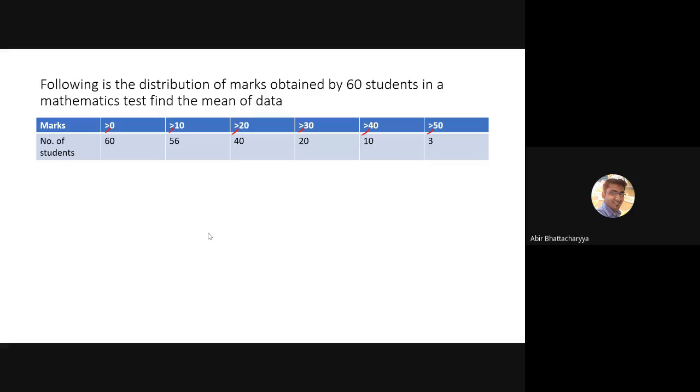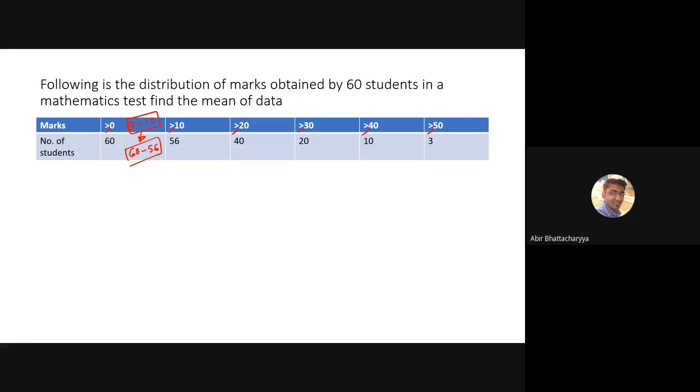What will be the value? 0 to 10 means 60 minus 56. Is that clear?